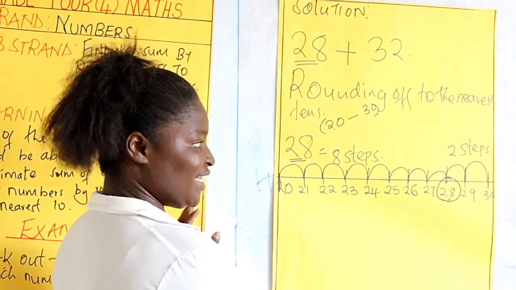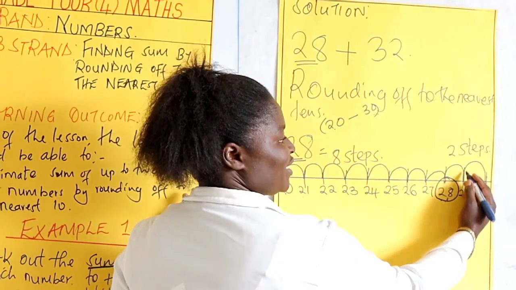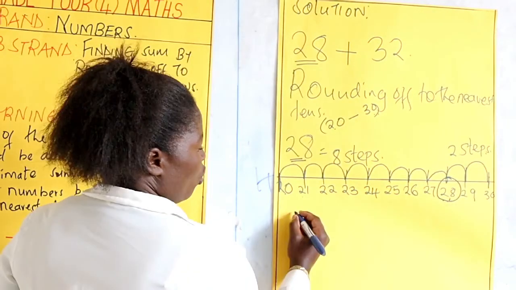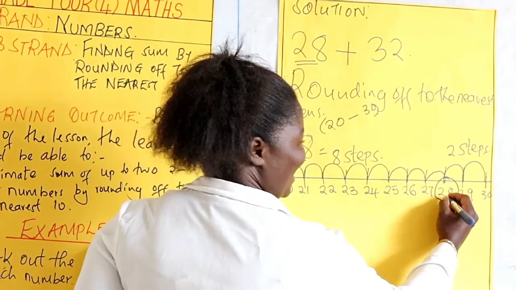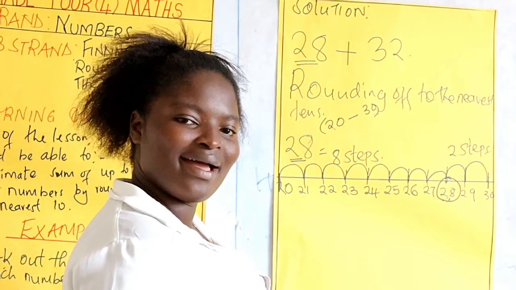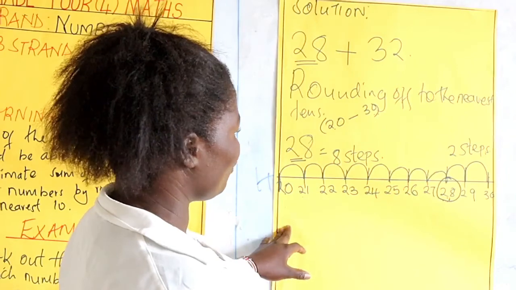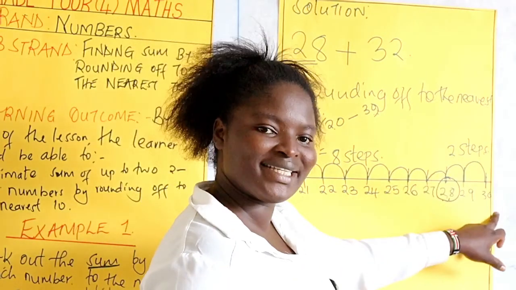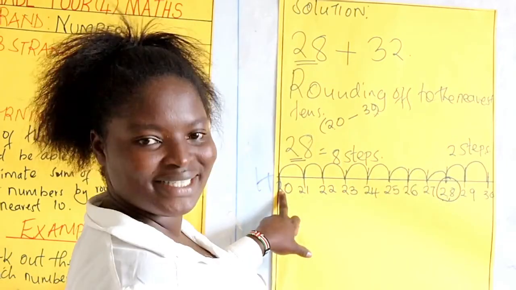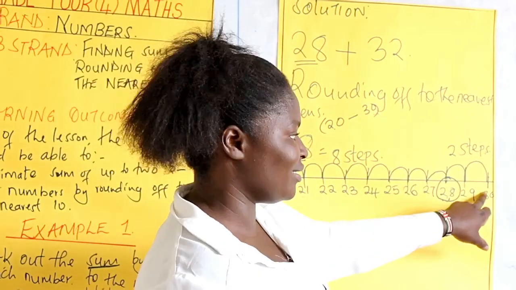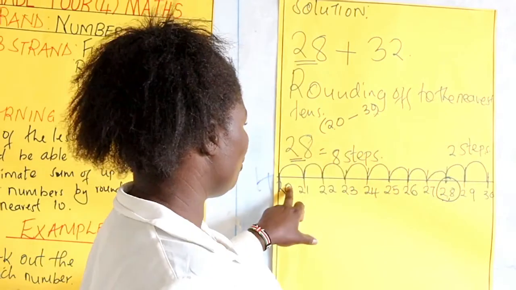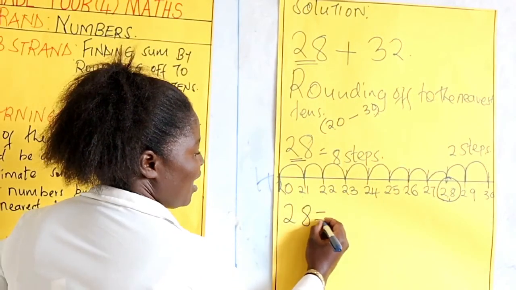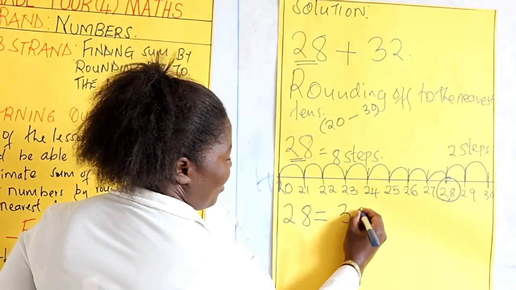Very good. 30, because we went 2 steps forwards. So, the one that is nearer to 28, that is our answer. So, our sentence will read that 28 is nearer to 30 than 20. So, when you round off 28 to the nearest tens, our answer is 30.